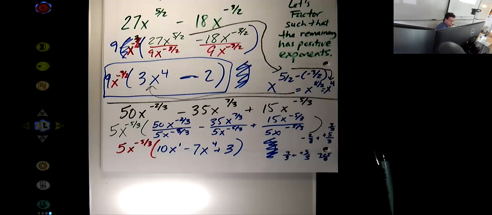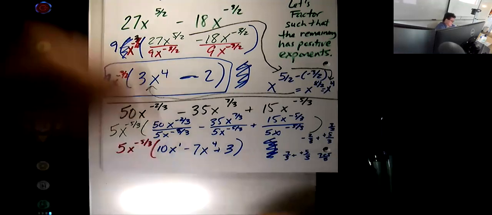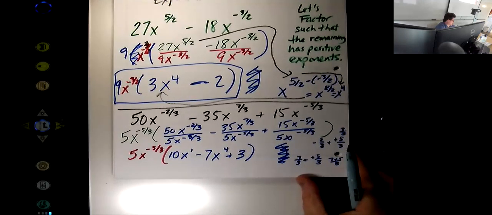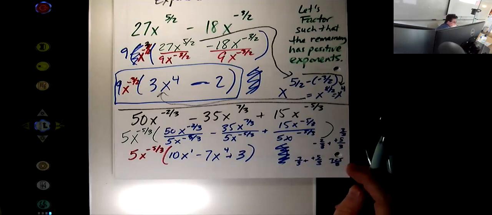So this takes practice. The more work you do on the homework, the easier this gets. Why do we use x to the -5/3?